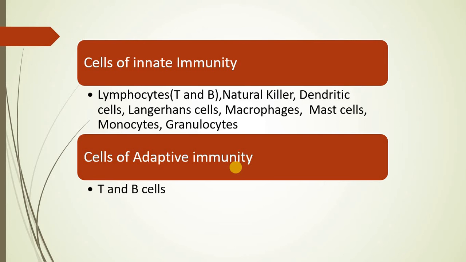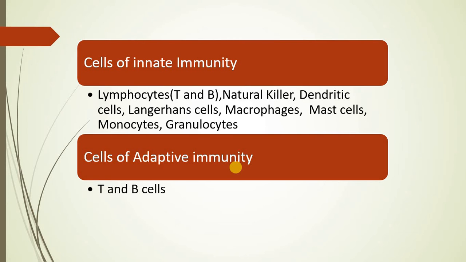Now, innate immunity as well as adaptive immunity involve certain kinds of cells which can be broadly classified as lymphocytes, that is T and B cells, and also the natural killer cell, which is a type of lymphocyte, dendritic cells, Langerhans cells, macrophages, mast cells, monocytes and granulocytes.